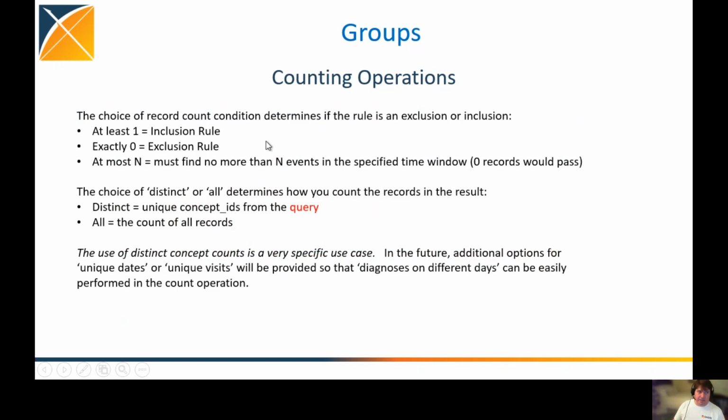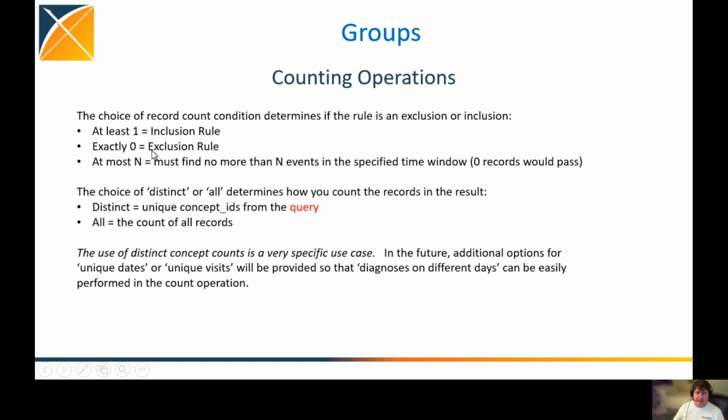Focusing on counting operations, the choice of a record count condition determines if the rule is an exclusion or an inclusion. If it says at least one, then we're talking about an inclusion rule. You have to have at least one of this prior diagnosis. When we say exactly 0, we're talking more in terms of an exclusion rule, where we're saying they must not have a prior exposure to some drug or some other observational event.